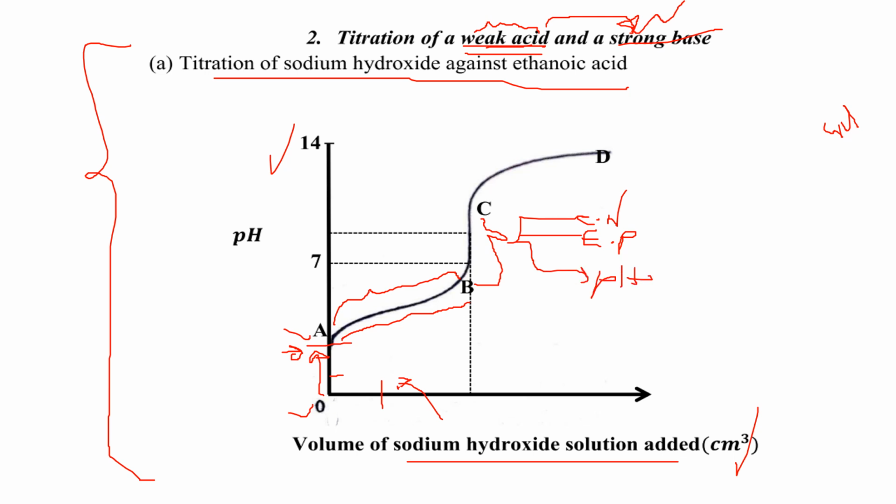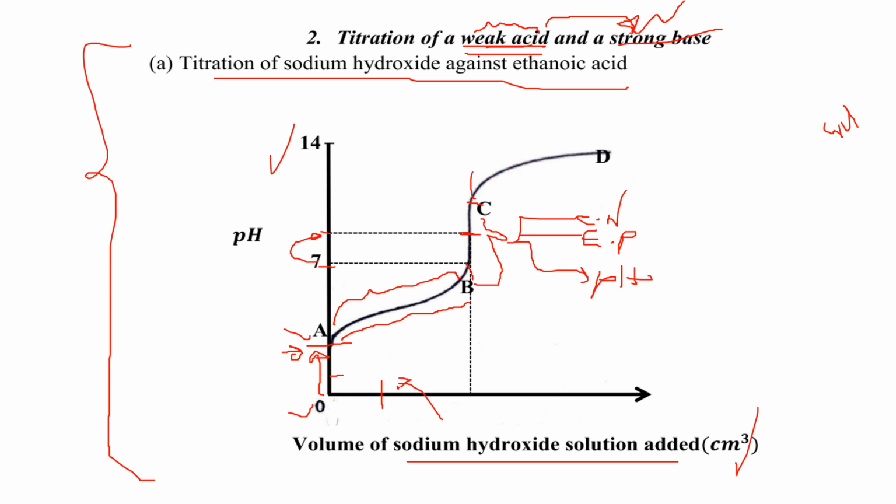You find here, pH of 7 is here, but our end point, if you add point B and point C and then divide, you're going to find that the mid, the average is here, which is going to be your pH. So you're going to find that pH is slightly above 7, because you assume that the salt that is being formed here undergoes what we call salt hydrolysis. And I told you, sodium ethanoate undergoes salt hydrolysis, as we are going to be seeing.